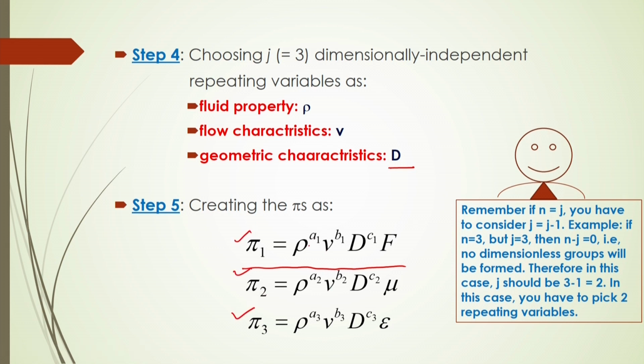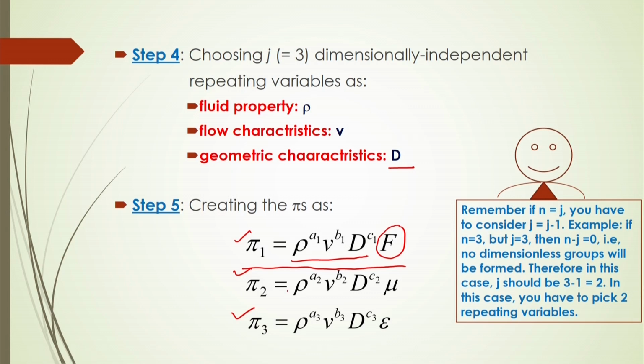Each group is formed with the first three being the repeating variables rho, v and d, with some powers like rho to the power a 1, v to the power b 1 and d to the power c 1, and then the non repeating variables, which are f, mu and epsilon.